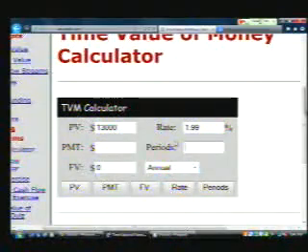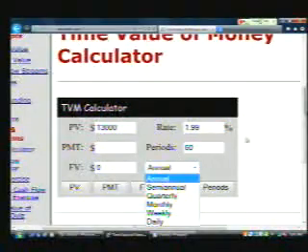What are you going to stick in for the periods? Courtney? 60. How many months are we doing this loan, Courtney? 60 months. That's what you put for the period. On the drop-down box, we select what, Wyatt?